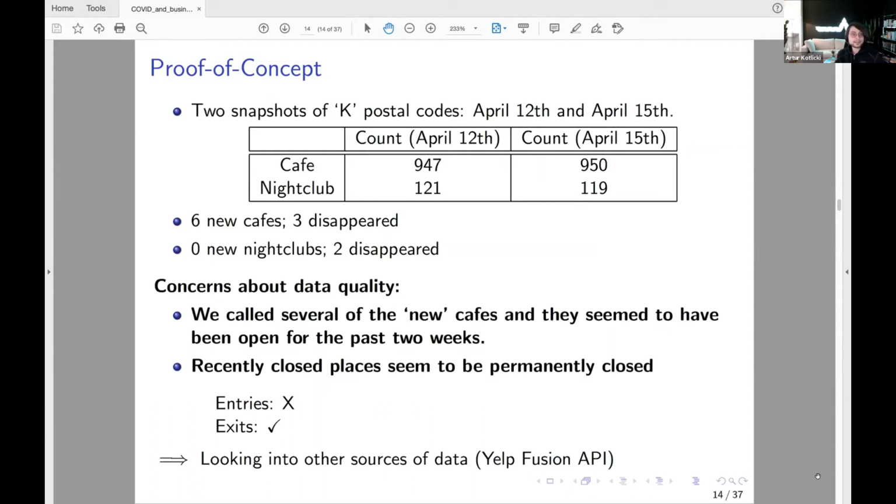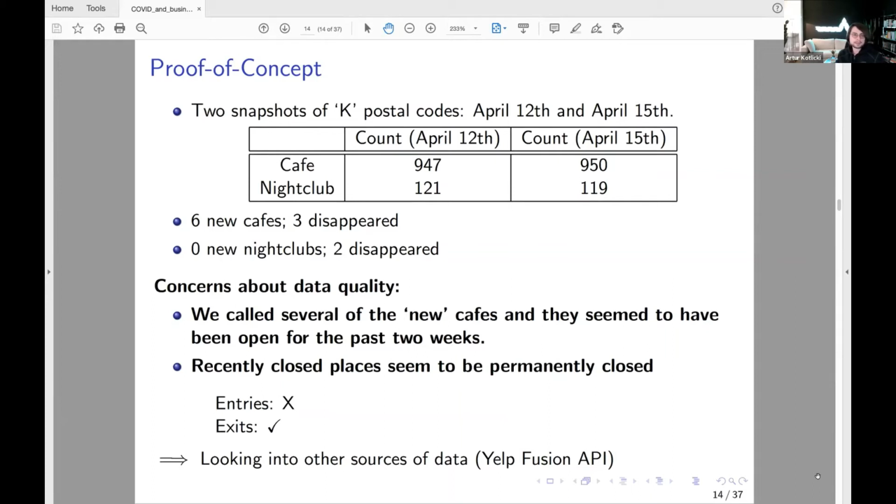So we are seeing that the number of places for cafes has increased by 3 between the 2 periods, from 947 to 950, whereas for nightclubs it has decreased by 2. However, this is not a full picture, as the aggregate number is composed of 6 new entries of cafes and 3 disappearances. Whereas for nightclubs, there were no new nightclubs opening in this time period, whereas 2 have closed down.